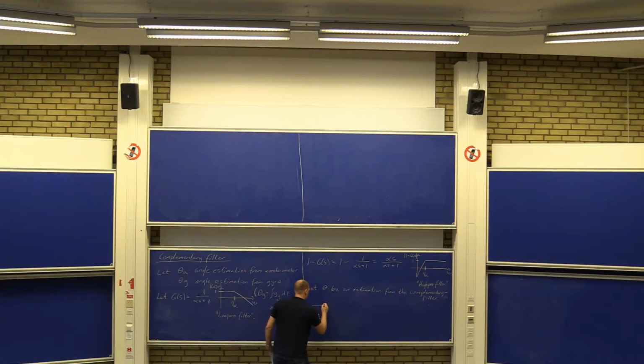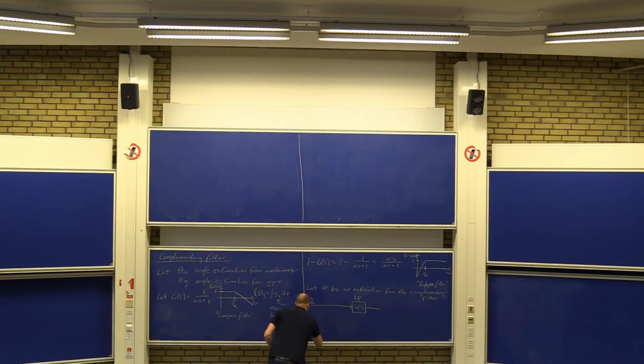We have theta A, the angle estimation from the accelerometer, and we do a low pass filtering of that data, so we send it through G of s, a low pass filter.